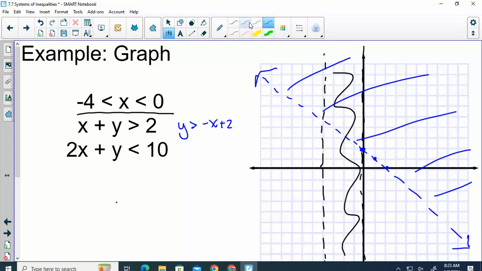Alright, the last one is another line. y is less than -2x plus 10, so y-intercept of 10. Slope is -2, so down 2 over 1. Solid or dashed?